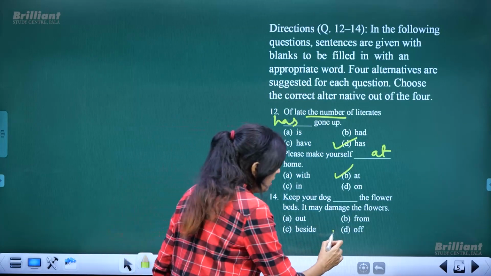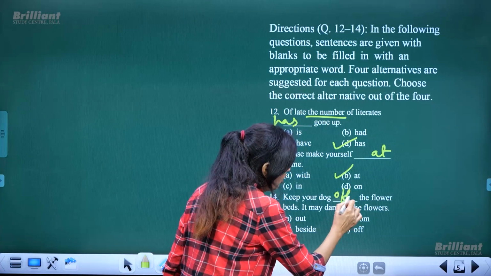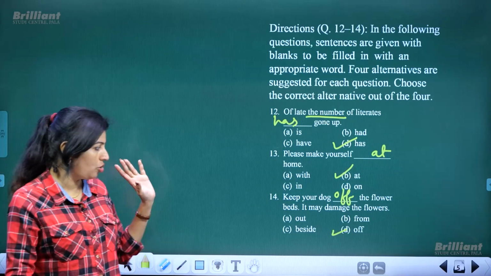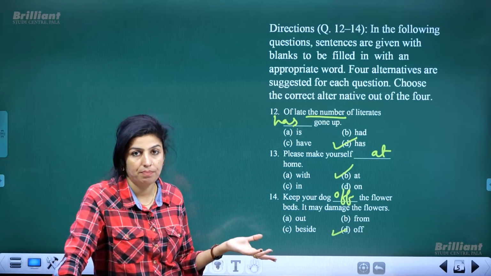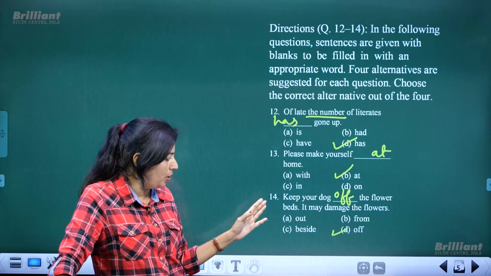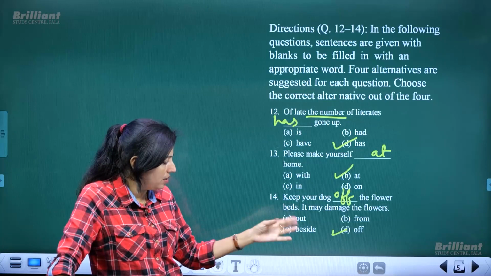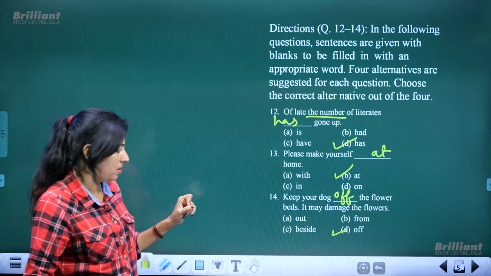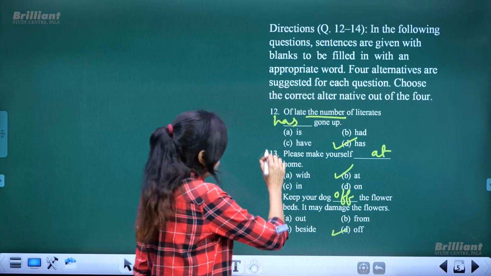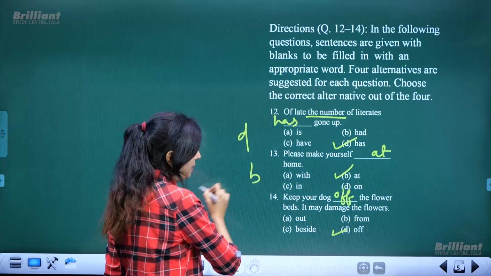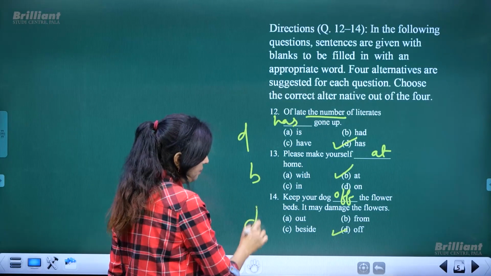So off is off with double F, not single F. It means to keep it away from. Keep your dog away from means off, O double F, off the flower beds. Okay, so 12th option number D, 13th option number B, and 14th option number D.